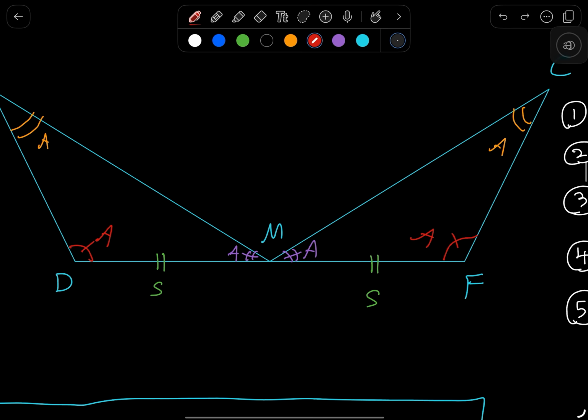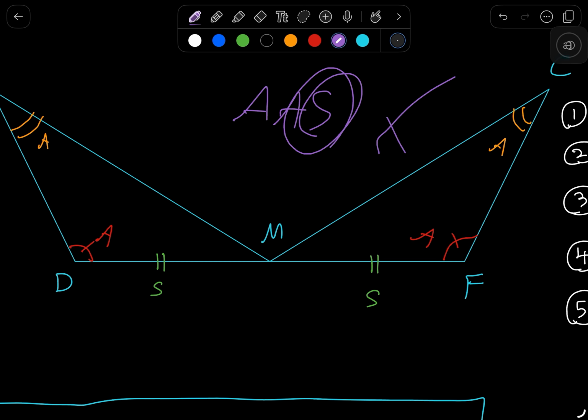You can just say right away that you have two angles and a non-included side. So when you're using AAS, make sure that your side is not included between the two angles. It could 100% be included, but for AAS specifically, that side has to be non-included.